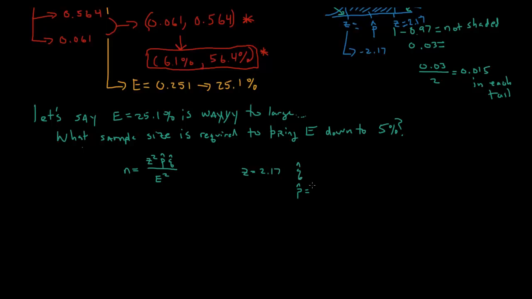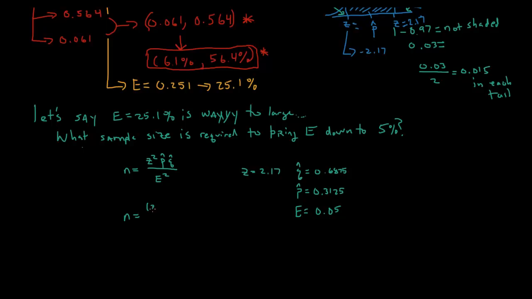What was 5 over 16 again? 5 over 16 in decimal form is 0.3125, which then, just like before, means q hat was 0.6875. Last thing, E. I said in this green text in my new posed problem that I want to bring E down to 5%. Well, what's 5% in decimal form? 0.05.